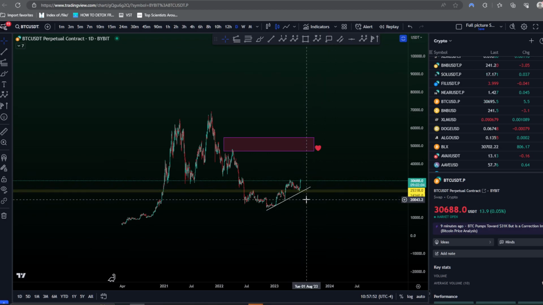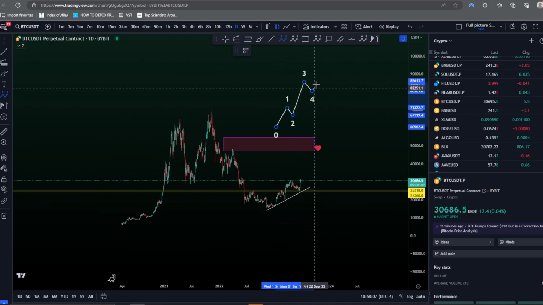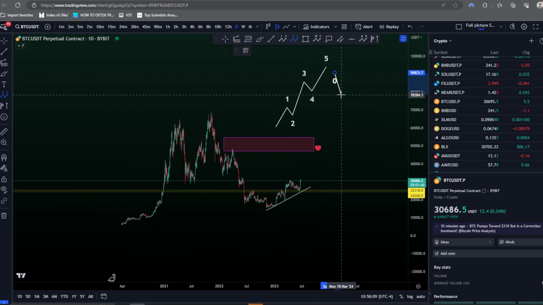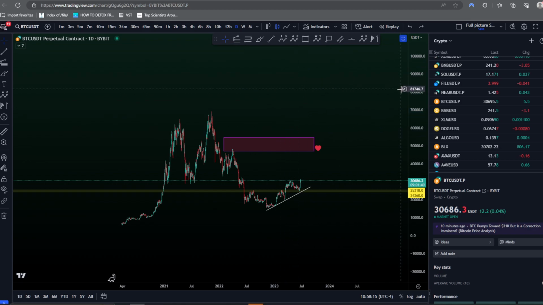If you're new to the channel, I use Elliott wave. It's a theory on how markets move, and price structure moves in waves of 5 and 3, impulses and corrections. It's way more advanced than that, but stick around, keep watching these videos, and you will eventually get a pretty good grasp on Elliott wave.